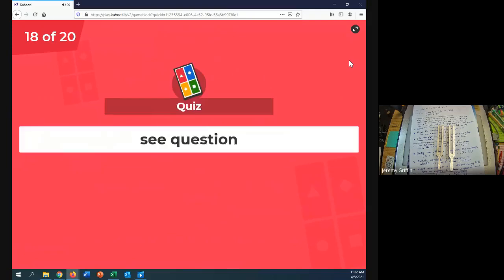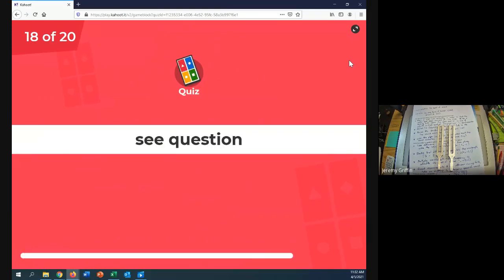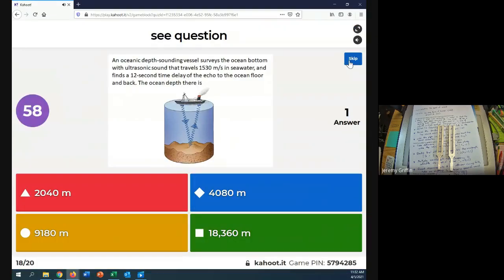Hyper still in the lead, on fire. Ooh, this one.